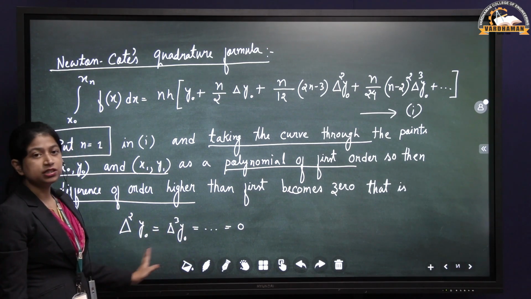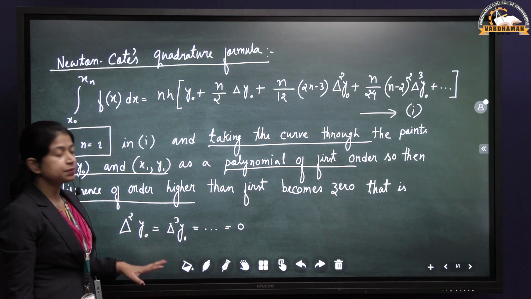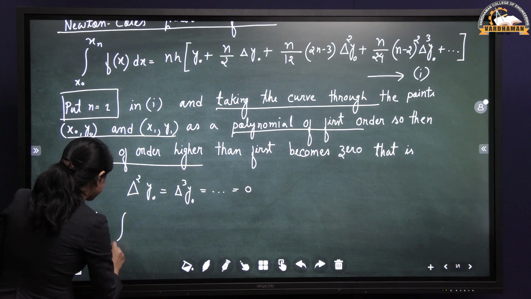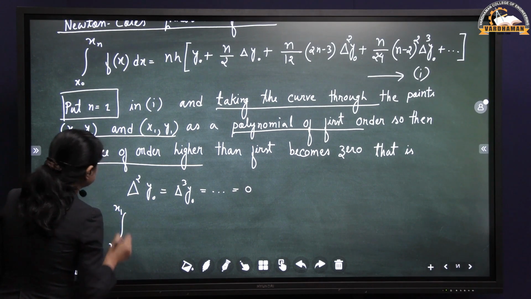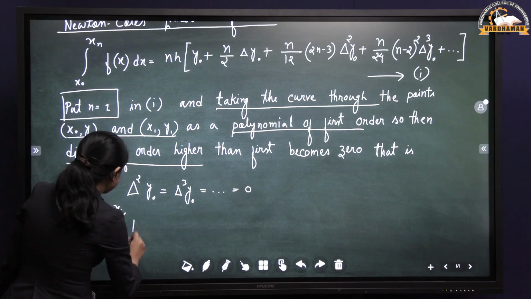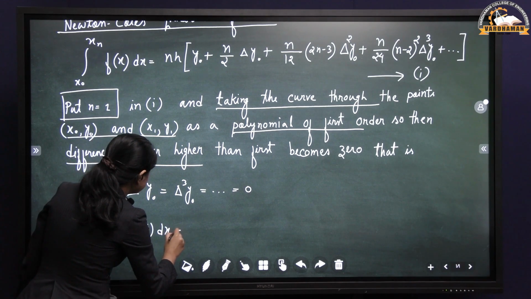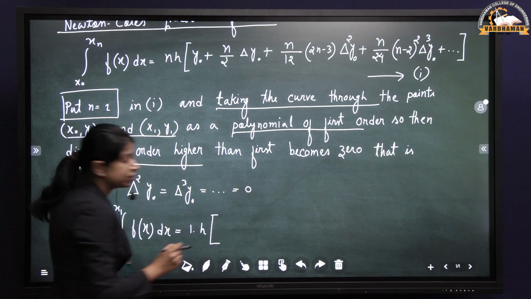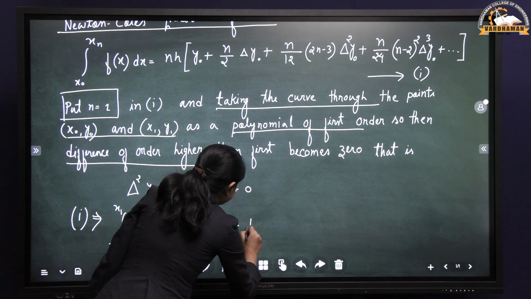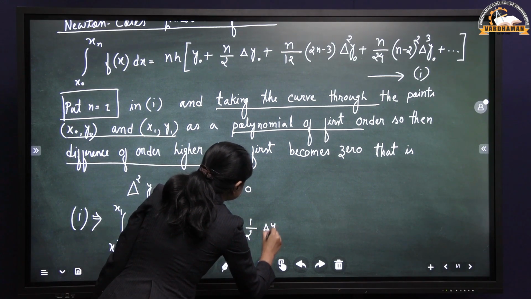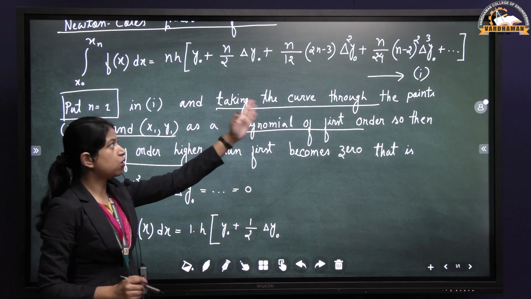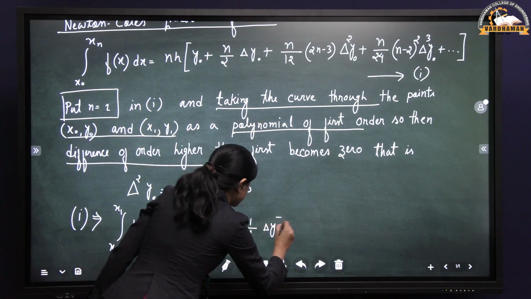Now if we put this in equation 1, what we will get? Therefore, integration x0 to x1, because we are taking only 2 points, f of x dx is equal to n is 1 into h, and here it will be y0 plus n is 1 by 2 first forward difference of y0, and from the second forward difference onwards it is 0, so all the terms will be 0. So we are getting this.